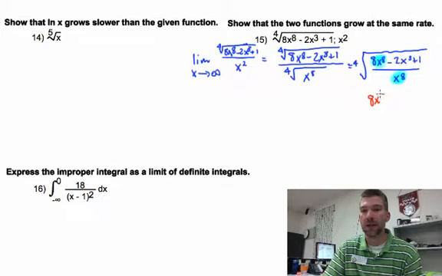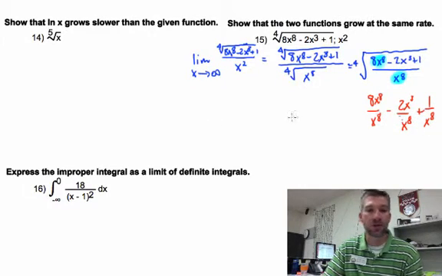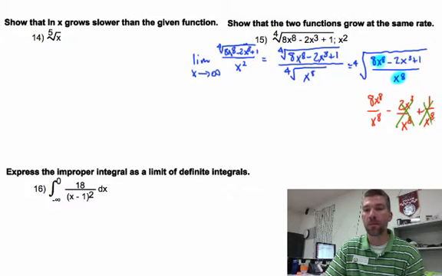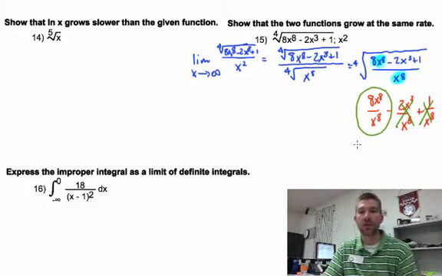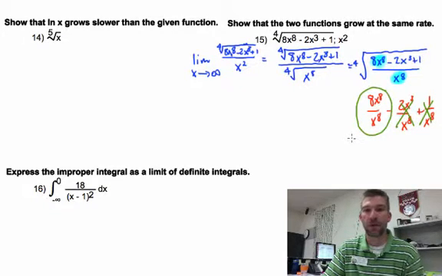So 8x to the 8th over x to the 8th minus 2x cubed over x to the 8th plus 1 over x to the 8th. And as x goes to infinity, these will go to 0. Which just leaves us again with the leading terms.